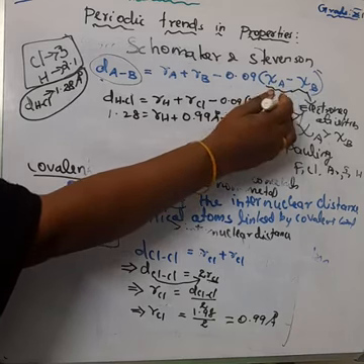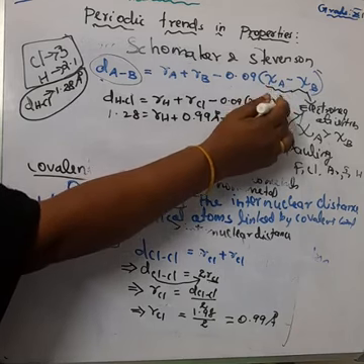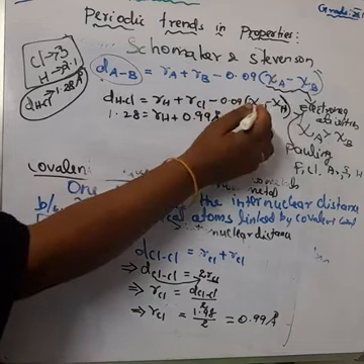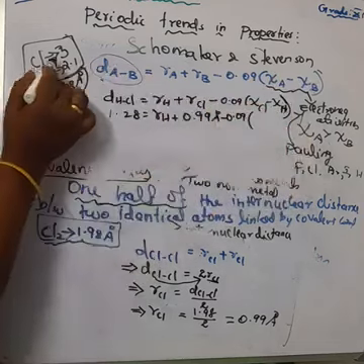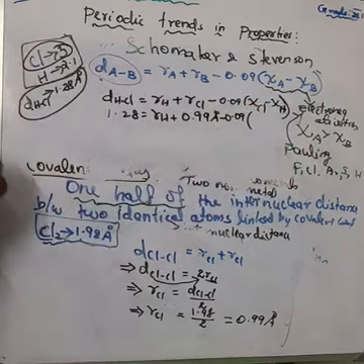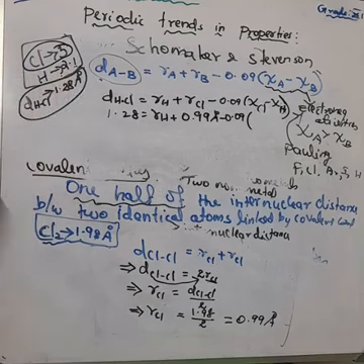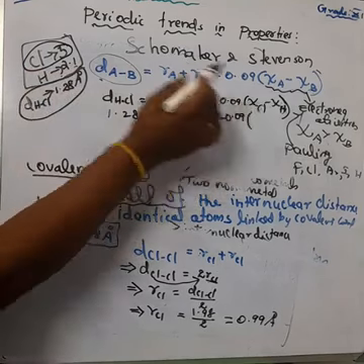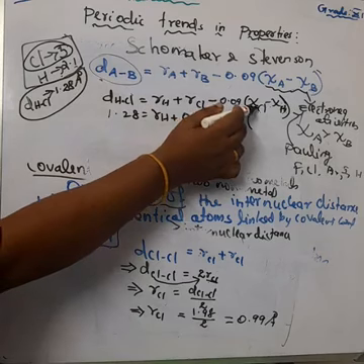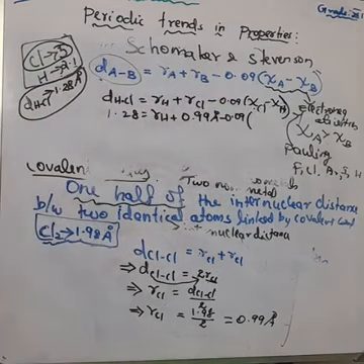Why are we writing chi of chlorine first? Because the electronegativity value of chlorine is higher, that is 3, while hydrogen is only 2.1. So we take chi of chlorine minus chi of hydrogen.